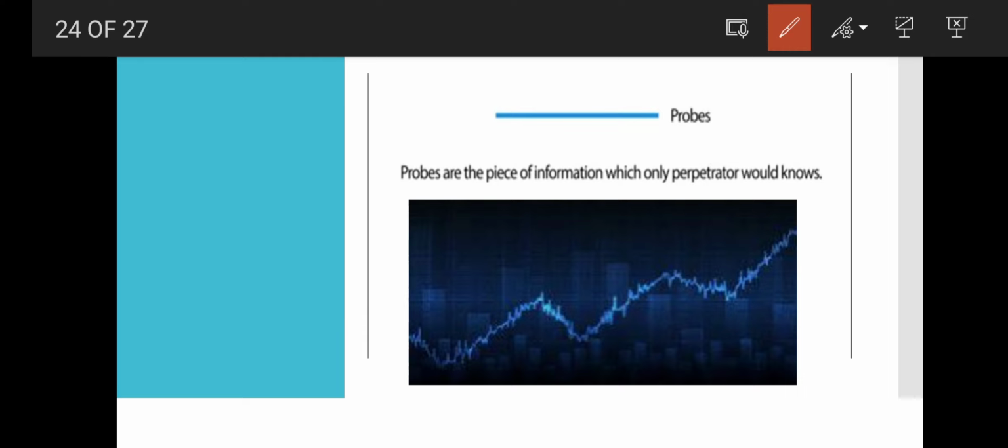So we can confirm that the person was actually present at that time and perpetrated the crime, because this information is only known to the person who actually perpetrated it. This will show a blue peak.